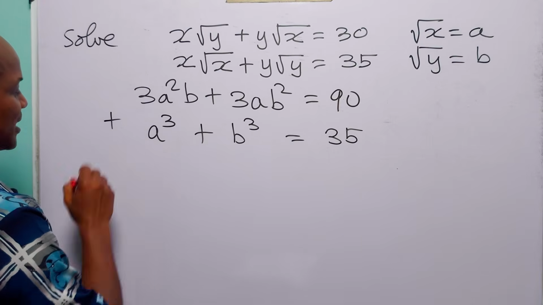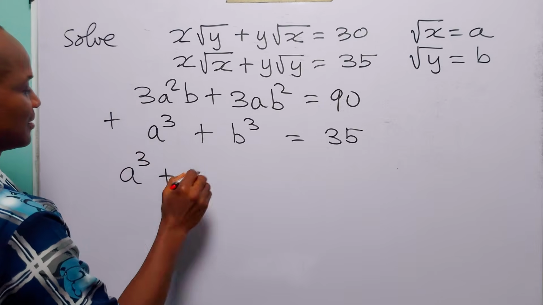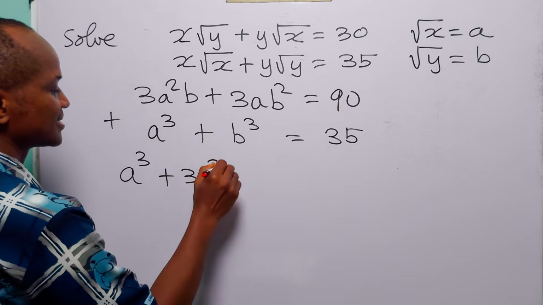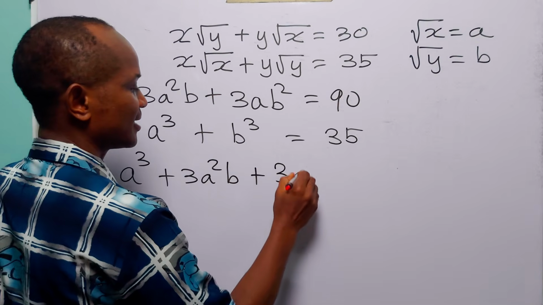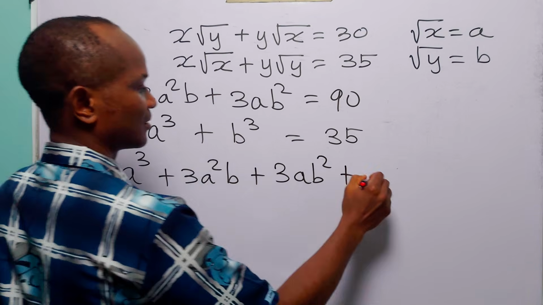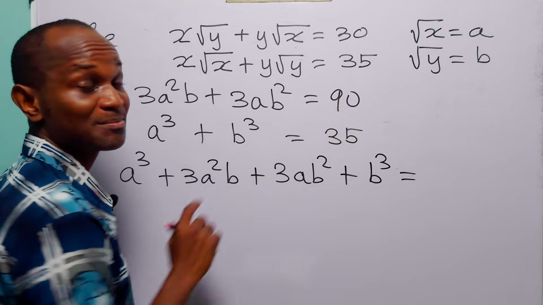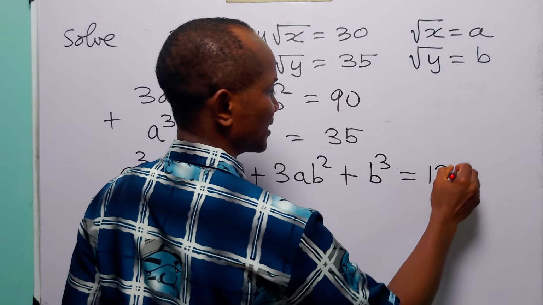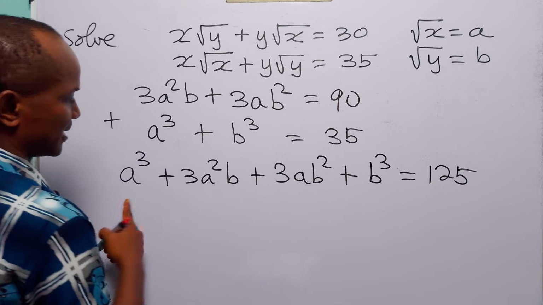On the left-hand side, we have a cubed plus 3a squared b plus 3ab squared plus b cubed, and this is equal to 90 plus 35, which is 125. Now look at this left-hand side.